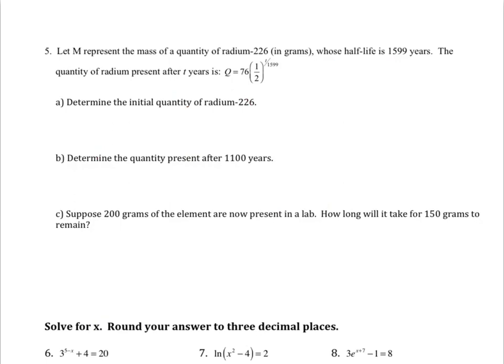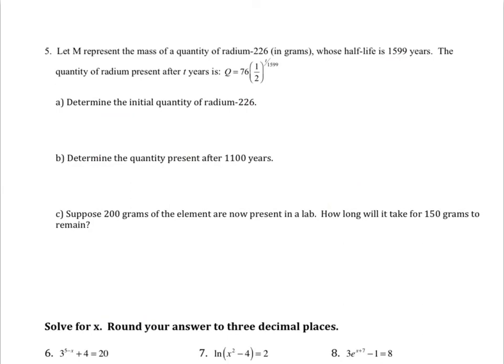For number 5, we have an equation to determine the amount of radium that's left after a certain amount of years. So first we want to determine the initial quantity of radium, and that would happen when the time was 0. So we can just plug 0 in for t.